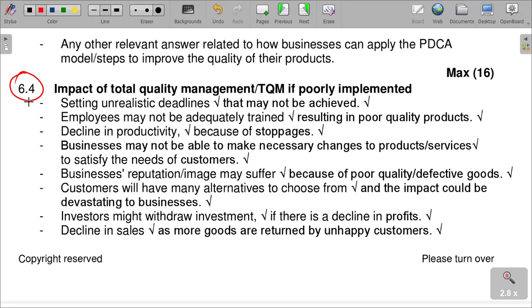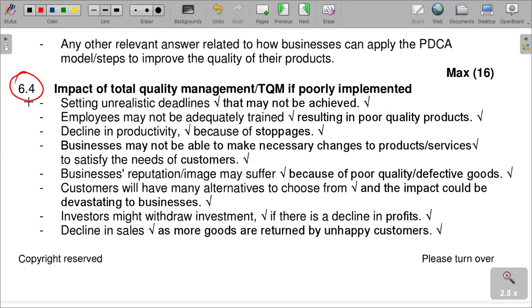In total quality management, deadlines should be realistic and fully achievable. If it is poorly implemented, employees may also not be adequately trained, resulting in poor quality products.